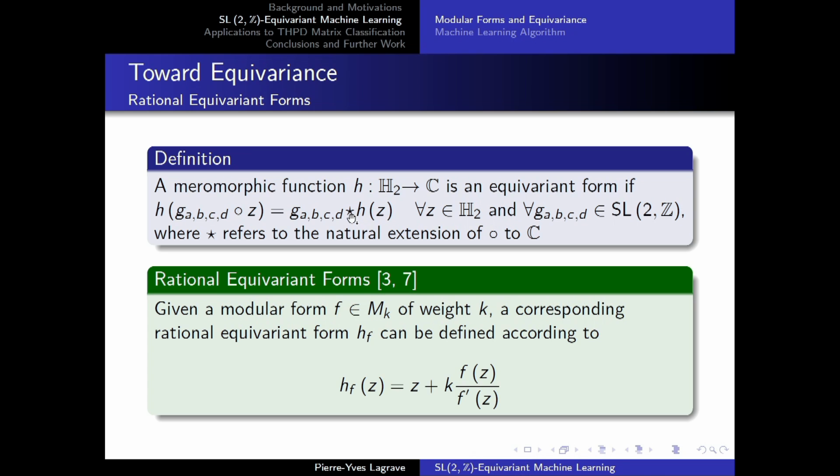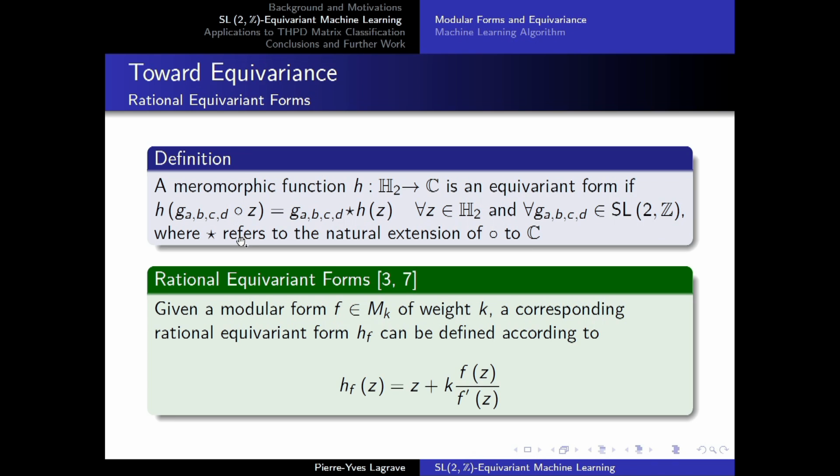And here we just have to define a new group action that we denote star, which is the natural extension of our action of SL2Z on H2. We extend that to the full complex space. We can apply the Möbius transform to any complex number, and this is what we are doing here.